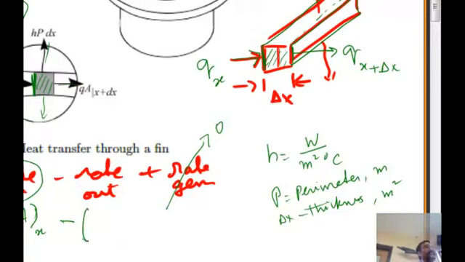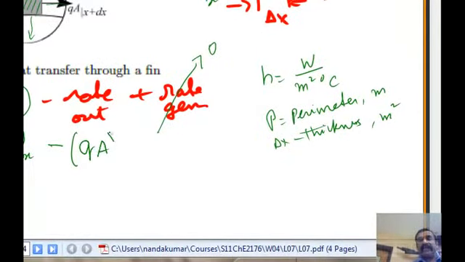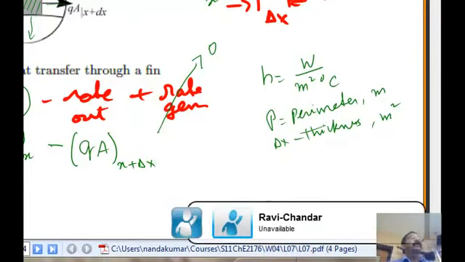How would you write an expression for the rate out through the right surface? Q times A evaluated at X plus delta X. Now what area am I talking about? The right side area. Now are those two areas likely to be the same? Depends.